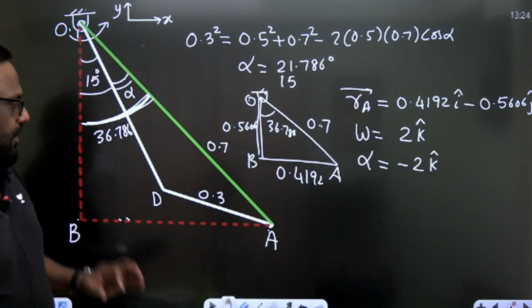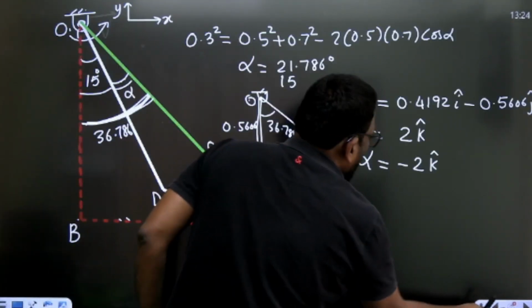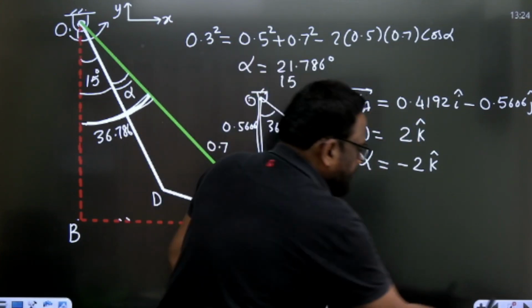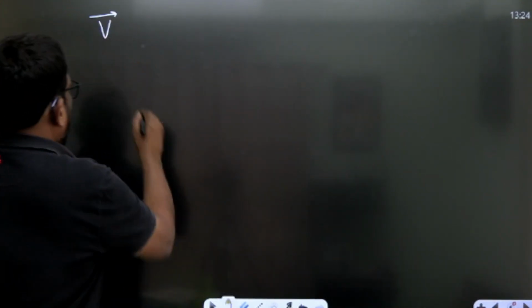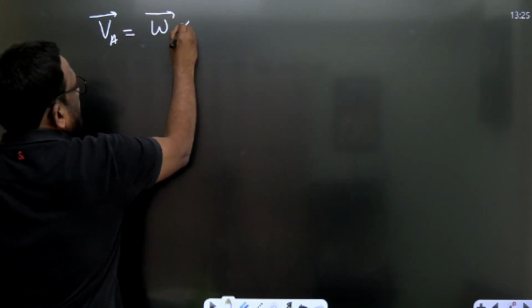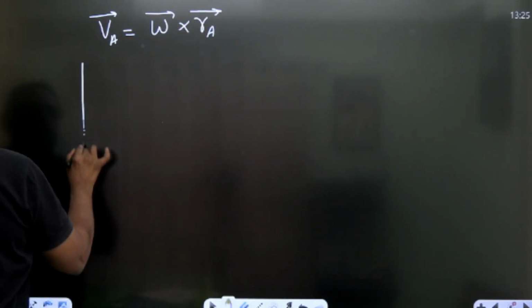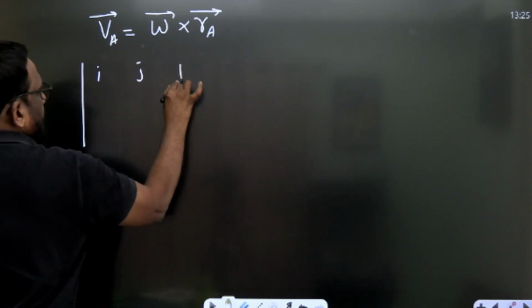Then how to find out velocity? You know very well. If you want the velocity of A, it will be omega cross position of A. Excellent, sirs. So therefore, i j k.